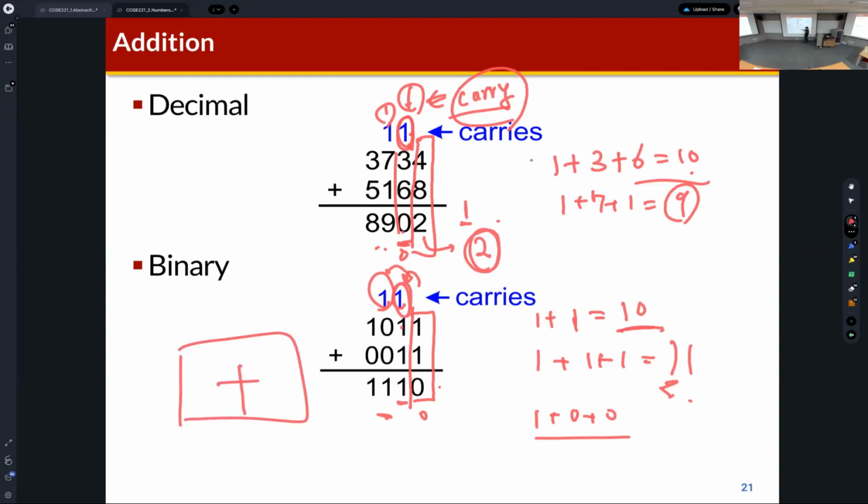So if you design a digital system that can perform arithmetic such as addition, then you need to design your hardware so that it can perform this addition exactly.